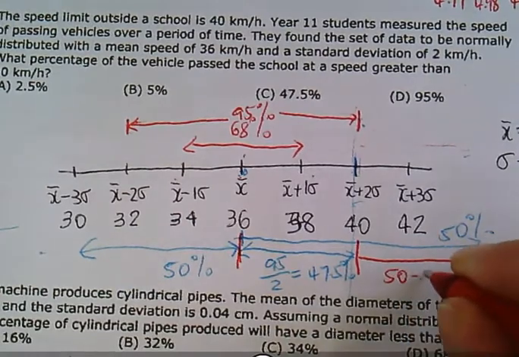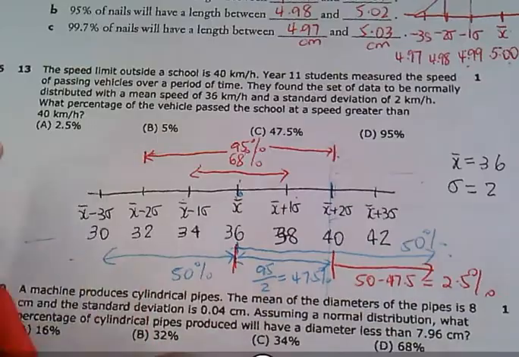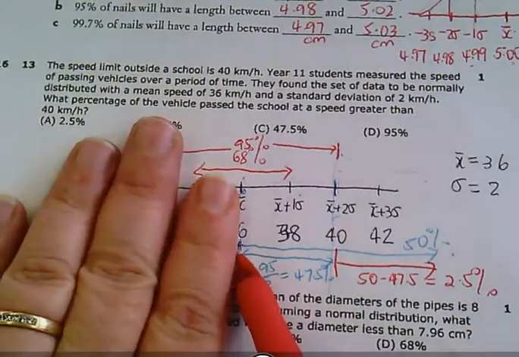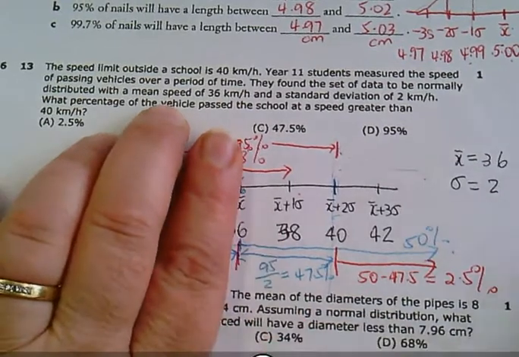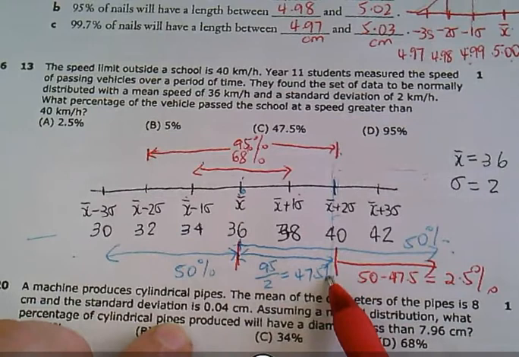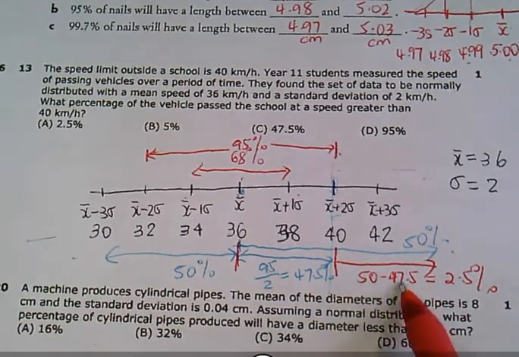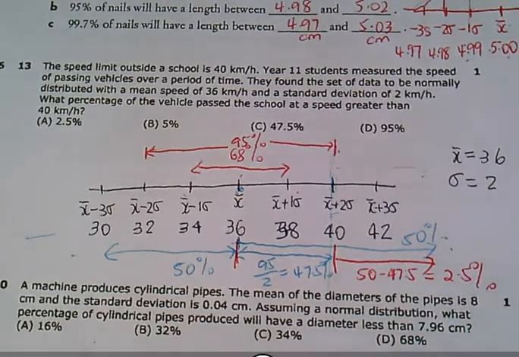So it's 50 minus 47.5, which is 2.5%. I could have just done from the middle up is 50%. I know from the middle to 2 standard deviations is 47.5. So the extra bit here is 50 minus 47.5, which is 2.5%.